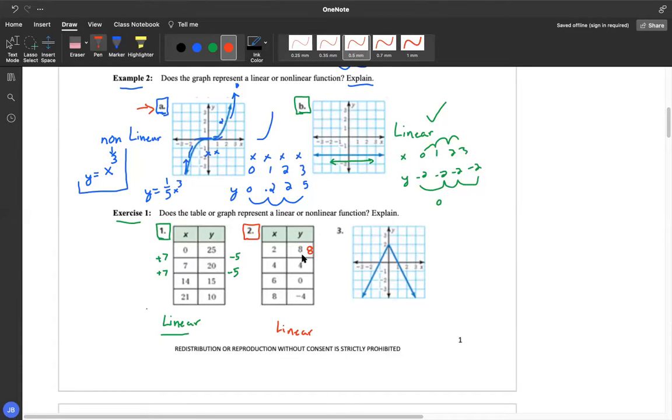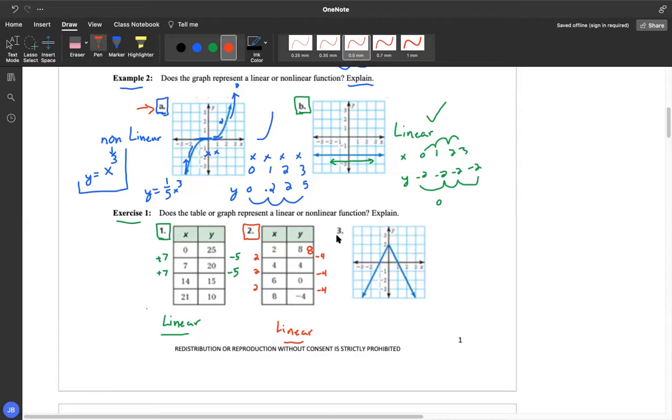Because for every 2 the x goes up by, the y goes down by 4, and it's constant. Perfect, yep, because they're constantly doing the same rate. Exactly, so it's linear. But like you said, Julia, if this 8 was a 3, then our first one would be going up 1, then down 4. So if it was a 3, it would be not linear. But an 8 means it is linear.